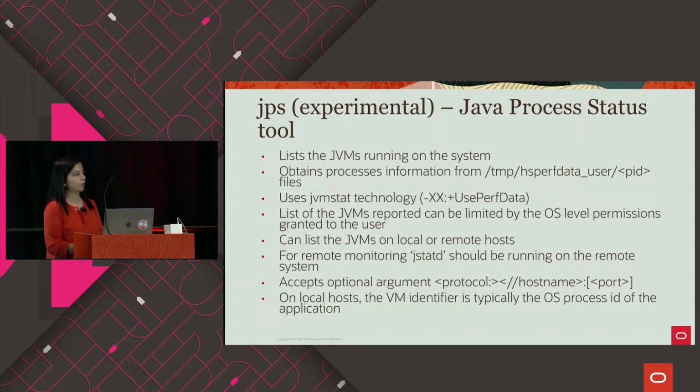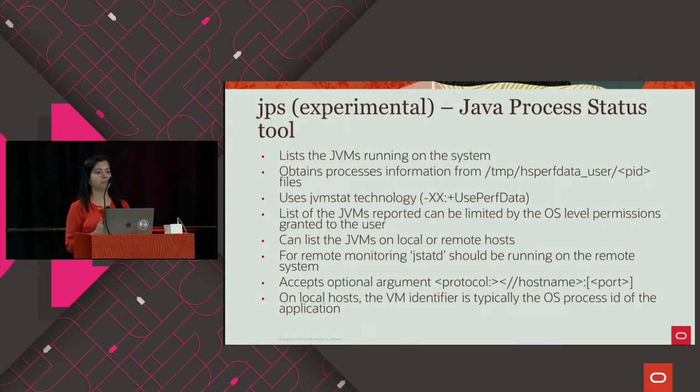The next tool is JPS, the Java Process Status tool, which basically gives you the list of JVMs running on your local machine or running on remotely monitored machines. It obtains process information from the process files created under hsperfdata_user. The underlying technology being used here is jvmstat, which can be enabled using the flag UsePerfData.